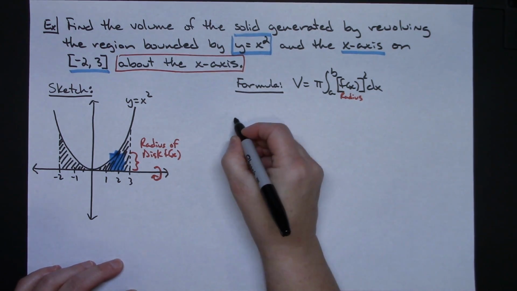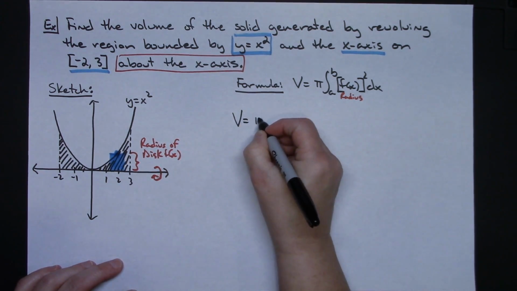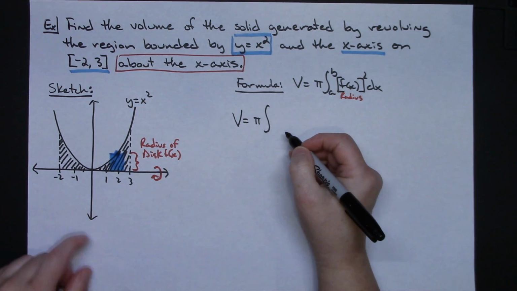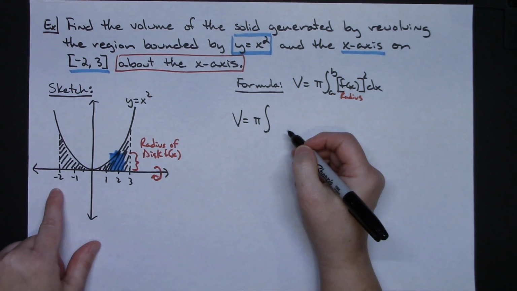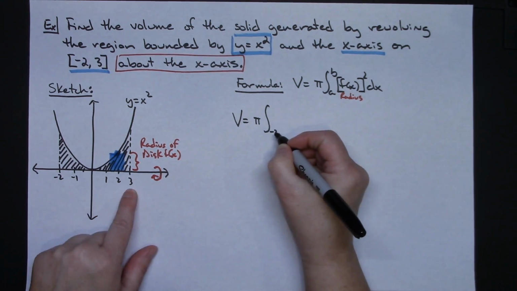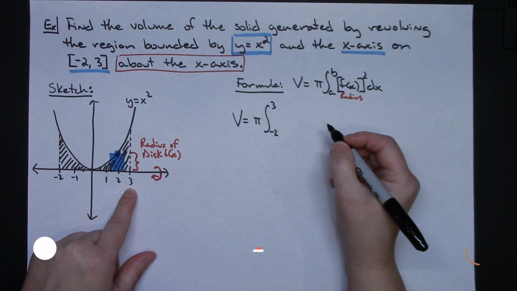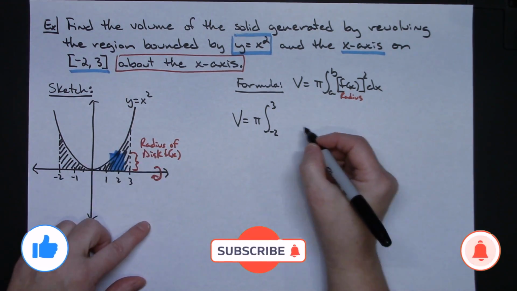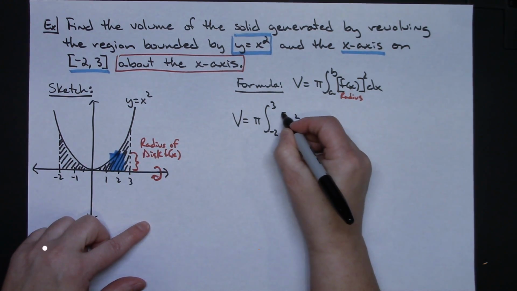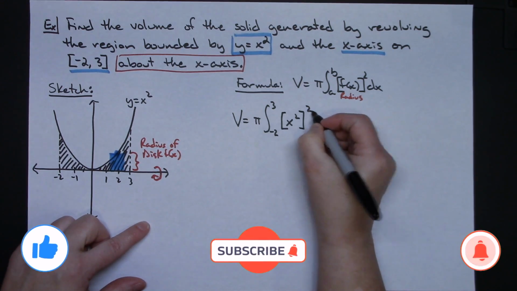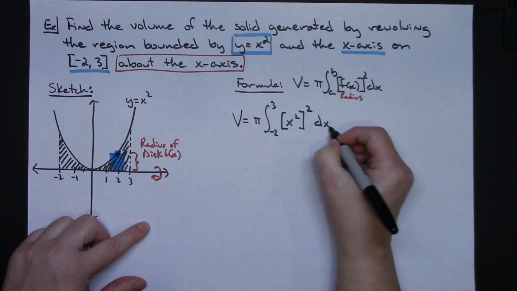As I work this out, it's pi times the integral from -2 to 3, because it's got to come off my x-axis. Everything's in terms of x here. My function is x squared, and the formula says to square that distance, and then dx.